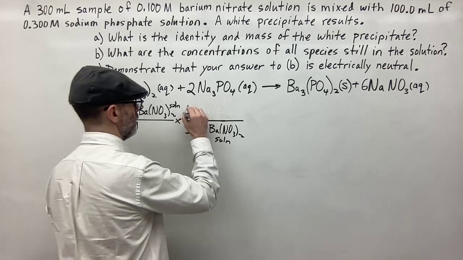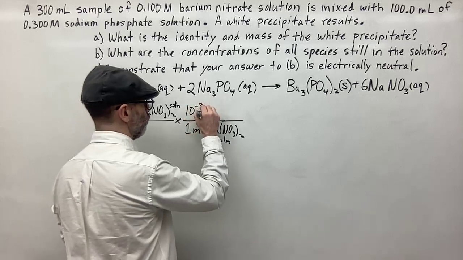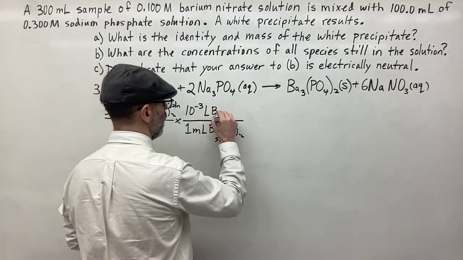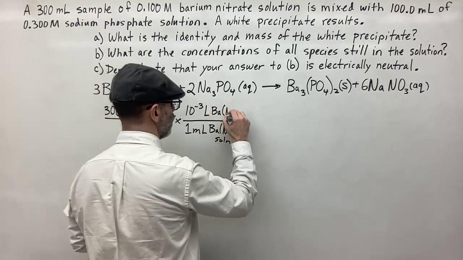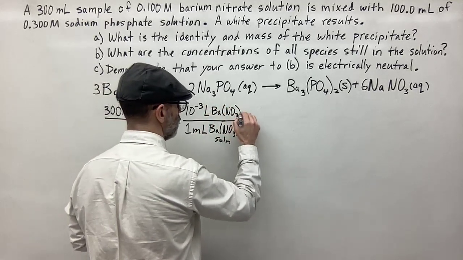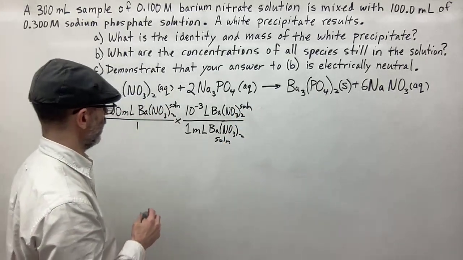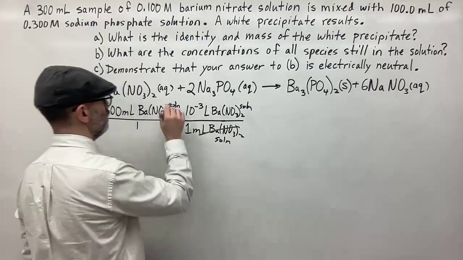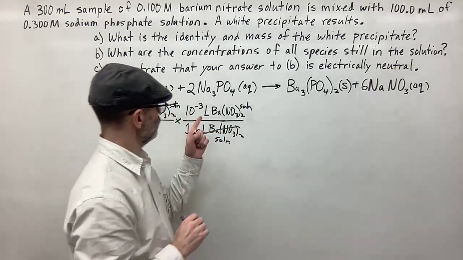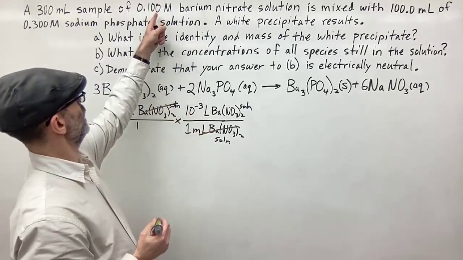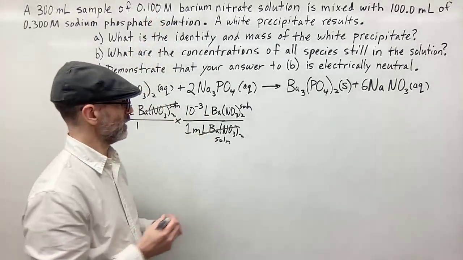And so that's going to be equal to 1/1000th, or 10 to the negative 3 liters of the barium nitrate solution. Okay, so then the milliliters of the barium nitrate solution cancel out. Now I have liters. So now that I have liters, I can use the molarity as a conversion factor.